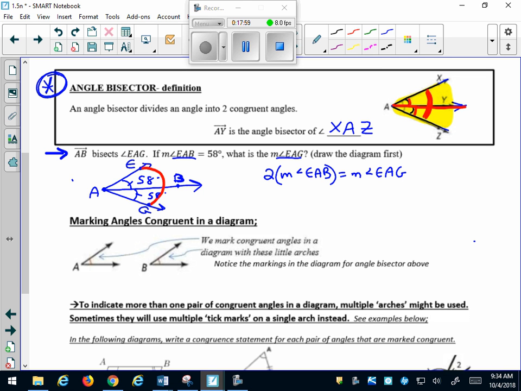Well, if the measure of EAB is 58, then we just have to double 58. So when we double 58, we get 116. Does that make sense?